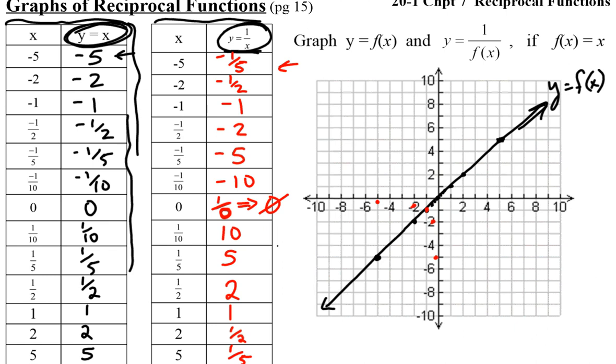-1/10, sorry about that, -1/10 goes down to -10, so right beside. Well, and we did have actually, that's good. So there's the first few points. Well, I can see a couple things that are different.